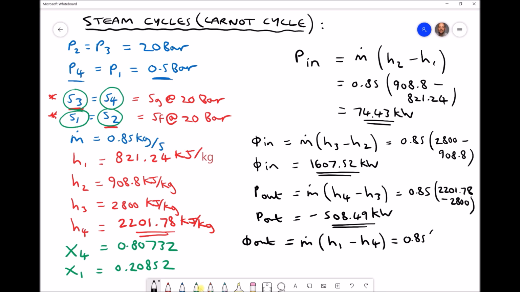So this time we have 0.85 × (position 1, 821.24, minus position 4, 2201.78), giving us a Q_out value then equal to minus 1173.46.